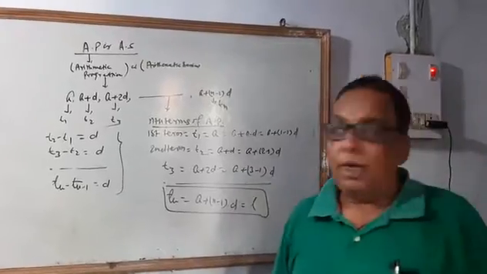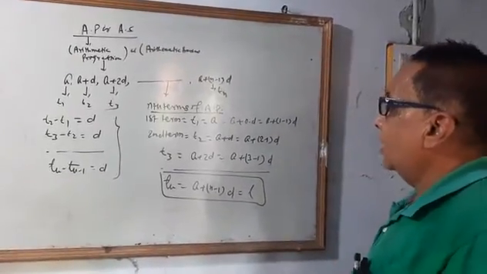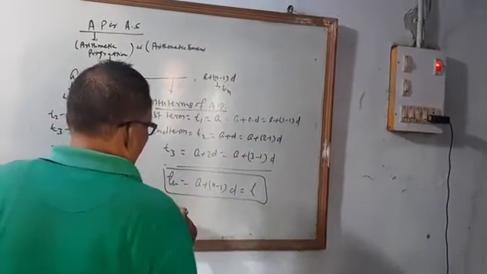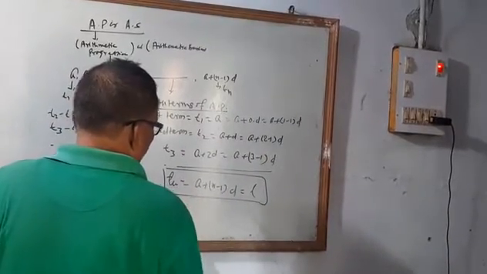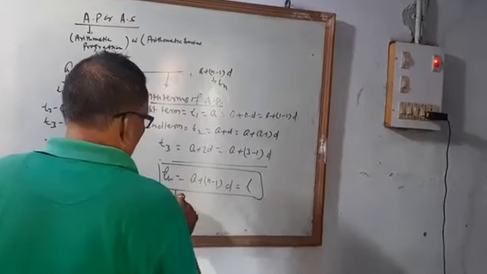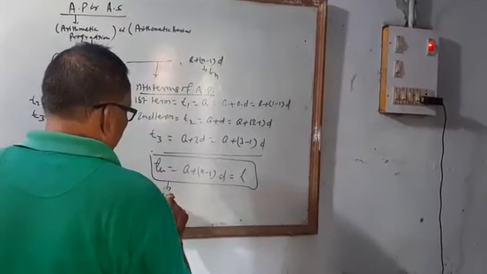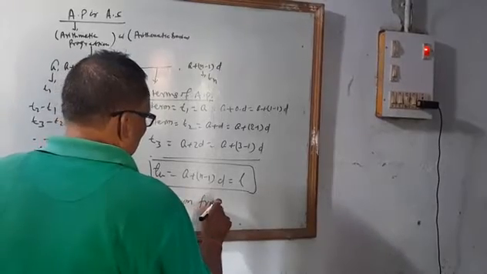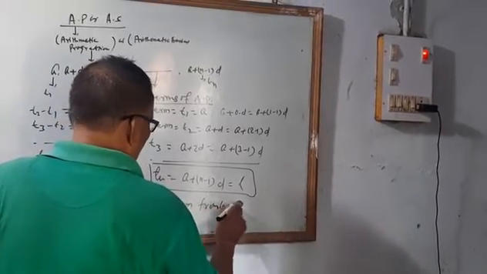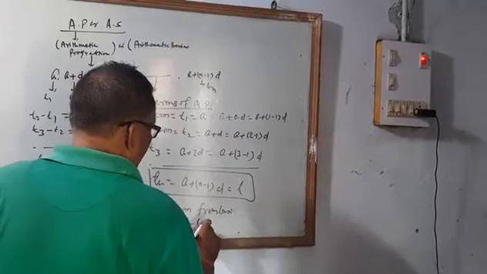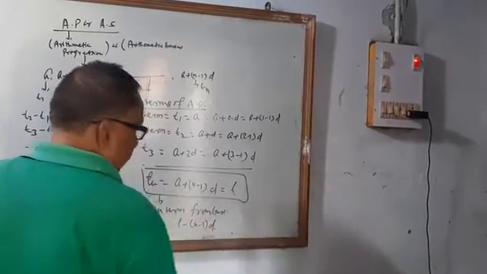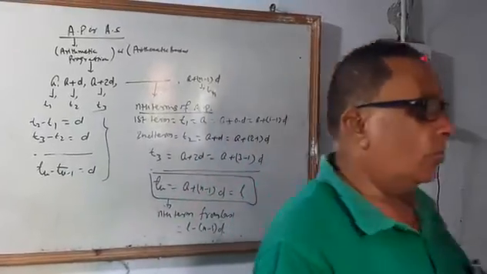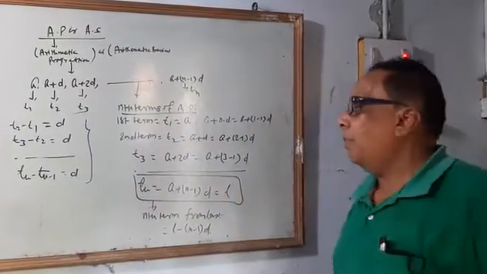If you consider the sequence in descending order, then the nth term from last will be l minus (n minus 1) into d.